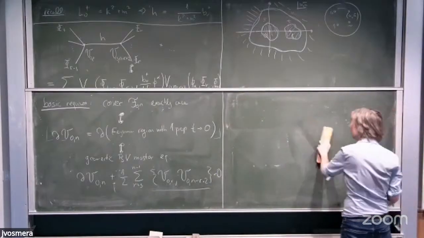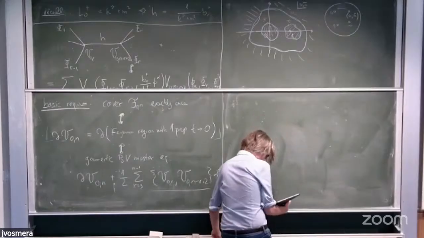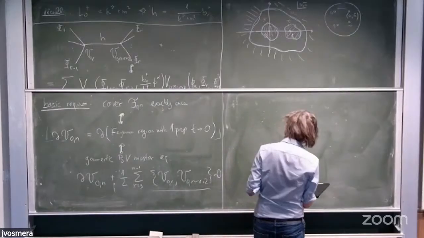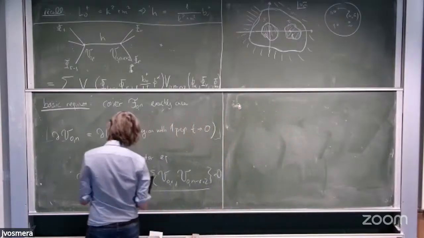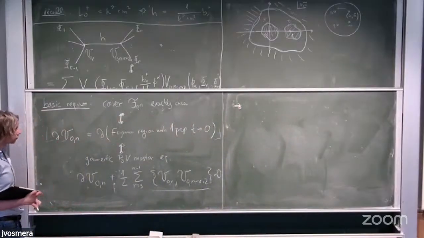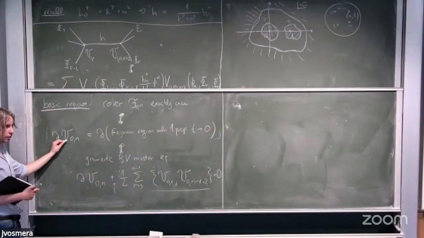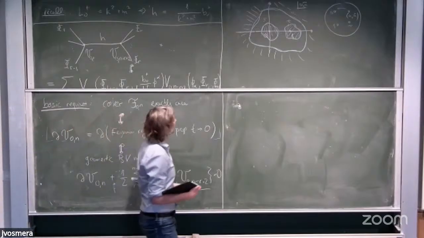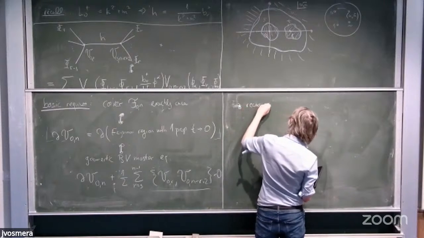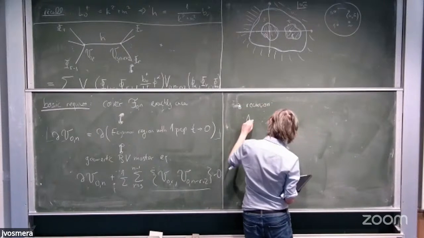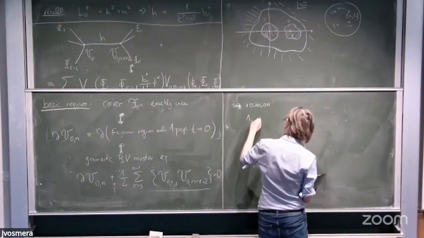So let me just make a few remarks. The main remark is that if you start from this equation, this defines a recursive procedure for constructing these vertex regions. Right? So the recursion starts by making an arbitrary choice of V03.